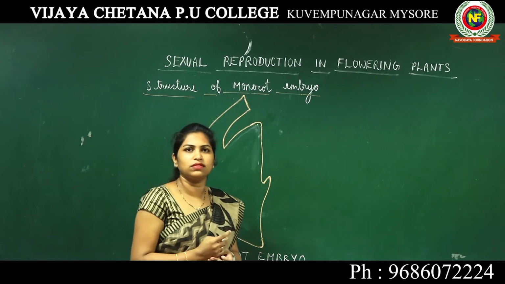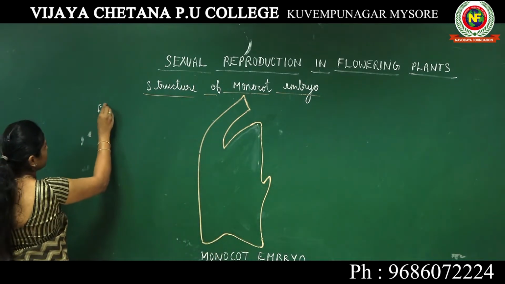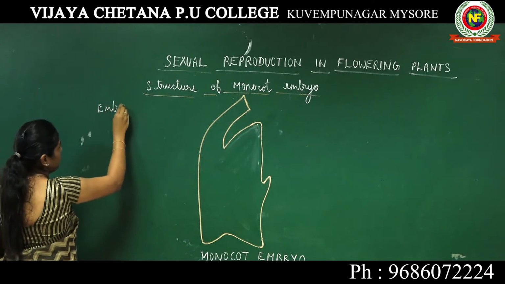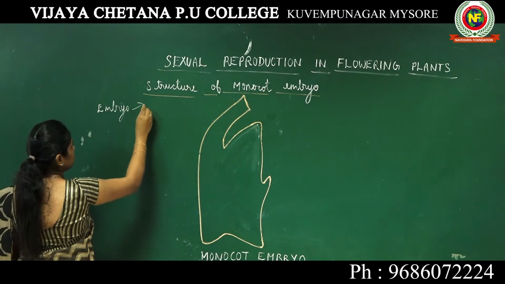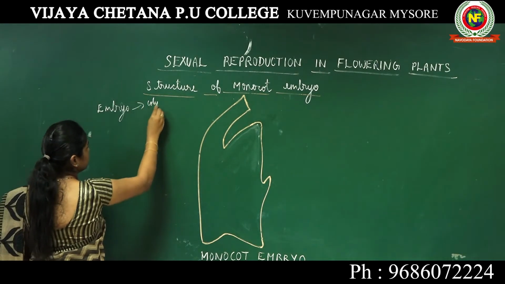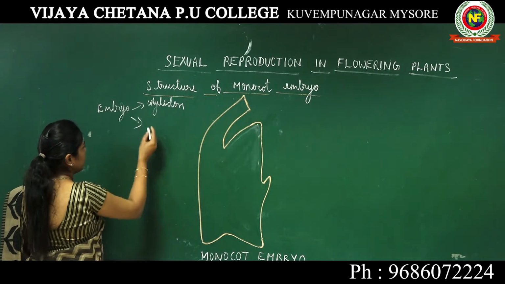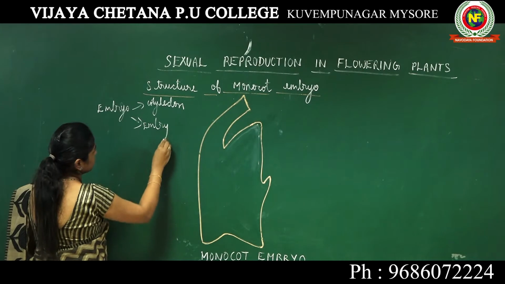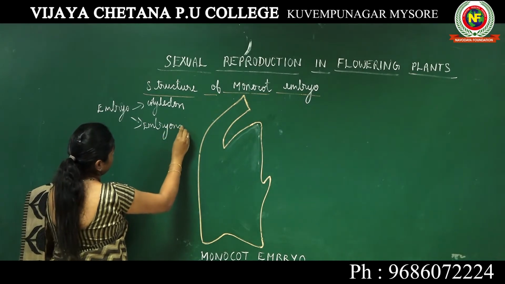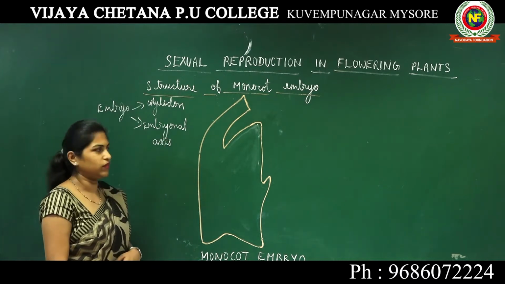We have already discussed that in an embryo, generally we find two parts. One is cotyledon, the second one is embryonal axis.